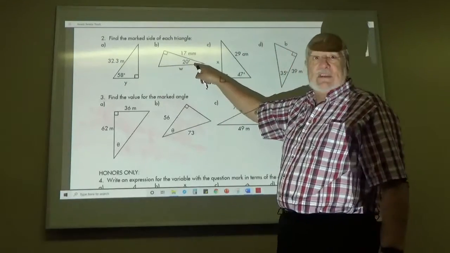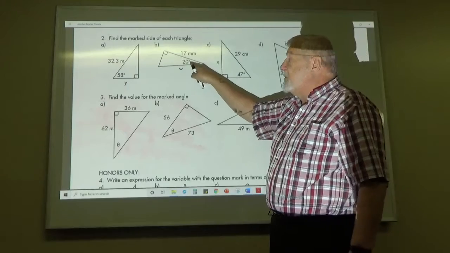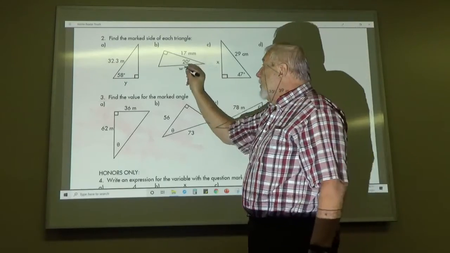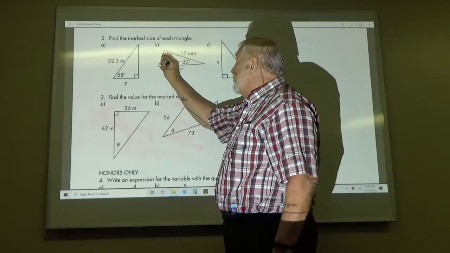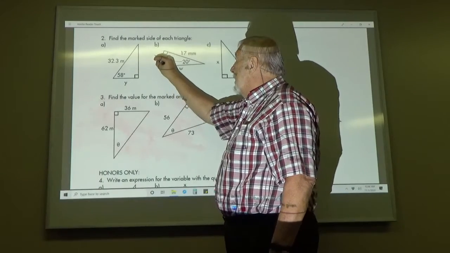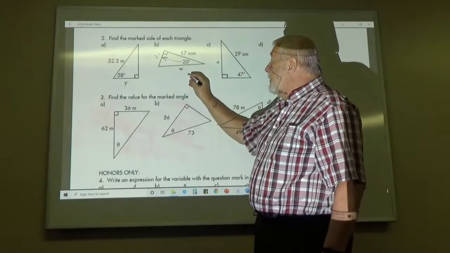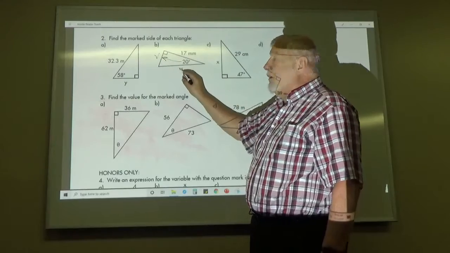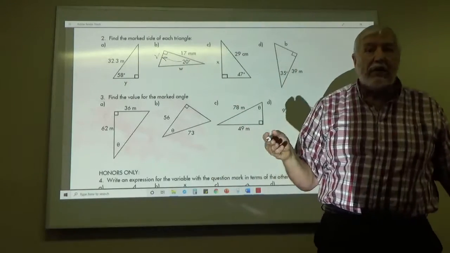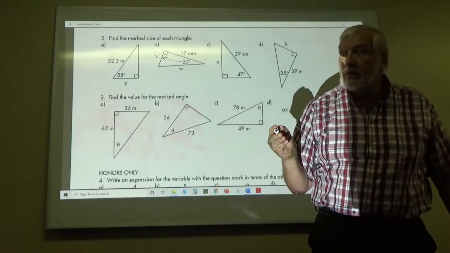So what are you going to use here? We're going to use 20 degrees, right? So if I want sine of 20 degrees, it's going to be v over w. That's two variables. I can't use that, right?